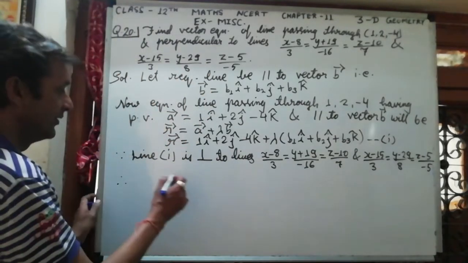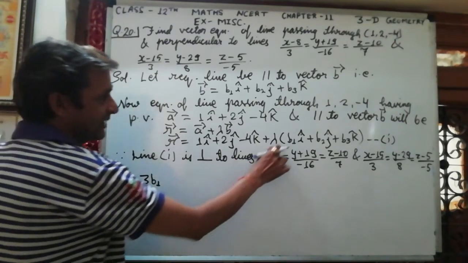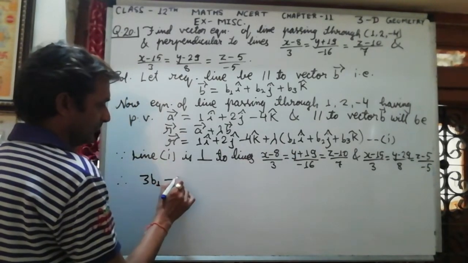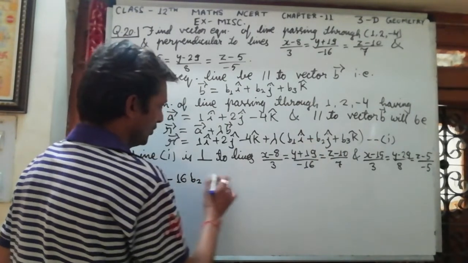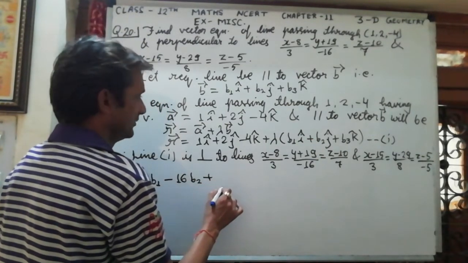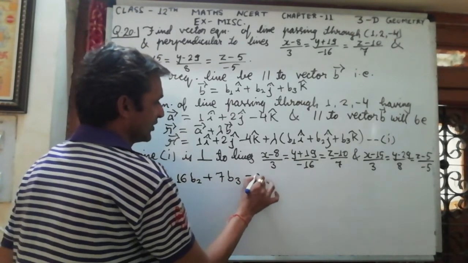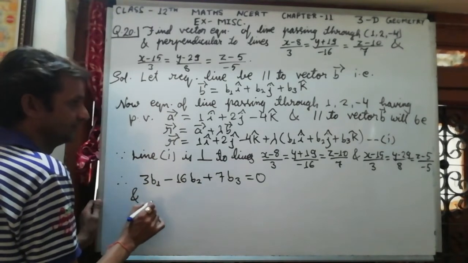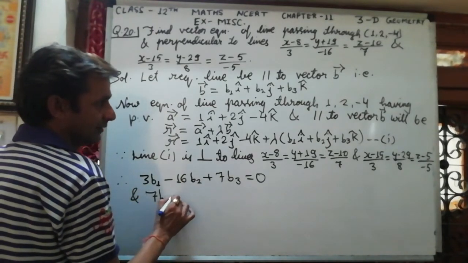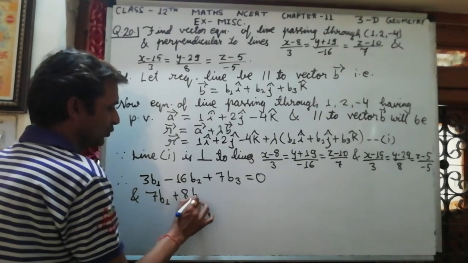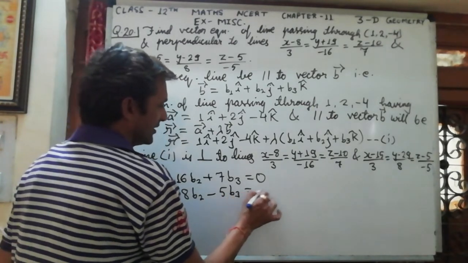So that's why we may represent these by 3b1 minus 16b2 plus 7b3 equal to 0, and 7b1 plus 8b2 minus 5b3 equal to 0.